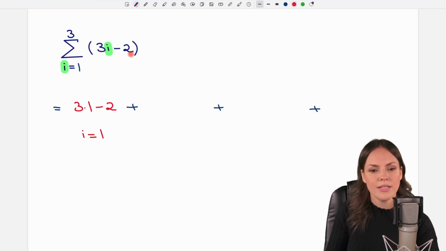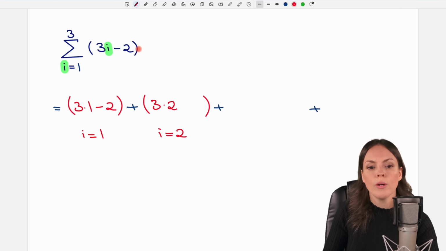So you write down everything else as it is, write it in parentheses, and we're done with our first step. We increase our index by 1, so we go to i equals 2. Now we insert 2 for our i, so we have 3 times 2 minus 2.